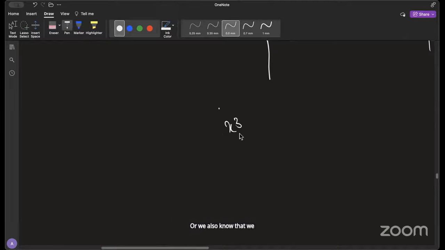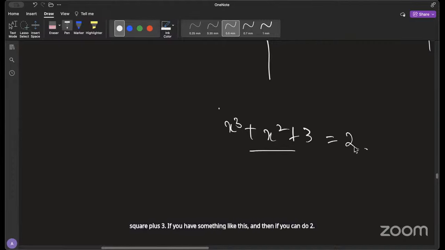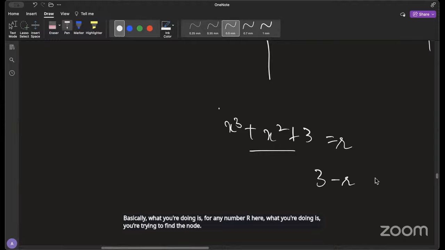Now, if you wouldn't know the graph of it, and you have something like x cube plus x square plus 3, and you try to find the root of it, basically for any real number r you're trying to find a root of x cube plus x square plus 3 minus r equals 0.